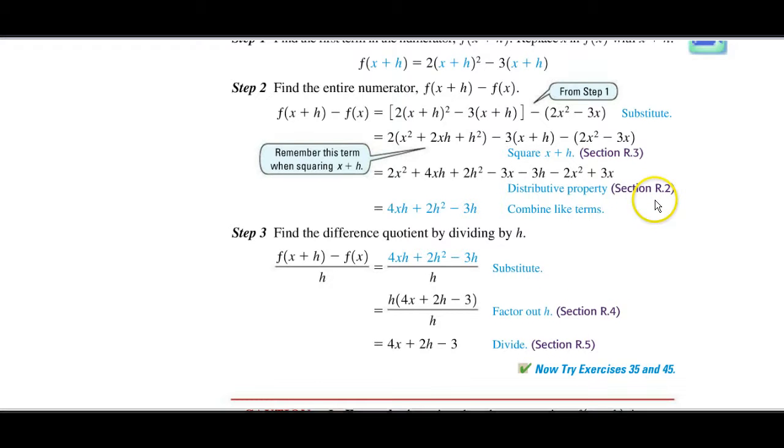Now, an interesting thing that we're seeing, I meant to say this before, they talk about sections R2, R4, R5. What are these? Well, these are all sections of a chapter called R, which is a review chapter, which we don't cover in Math 1110.